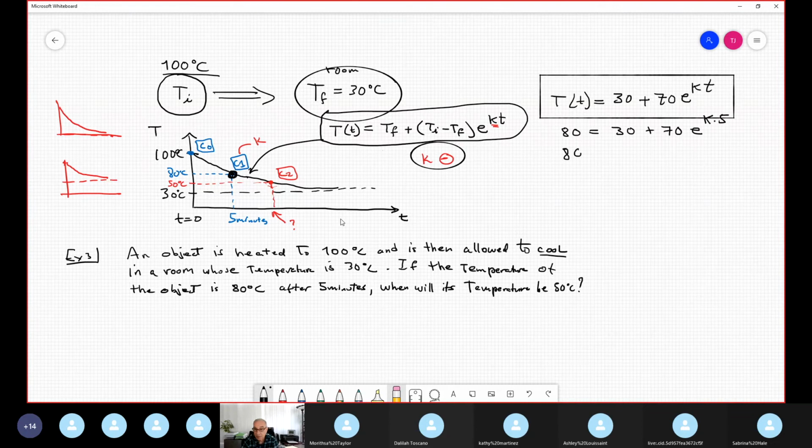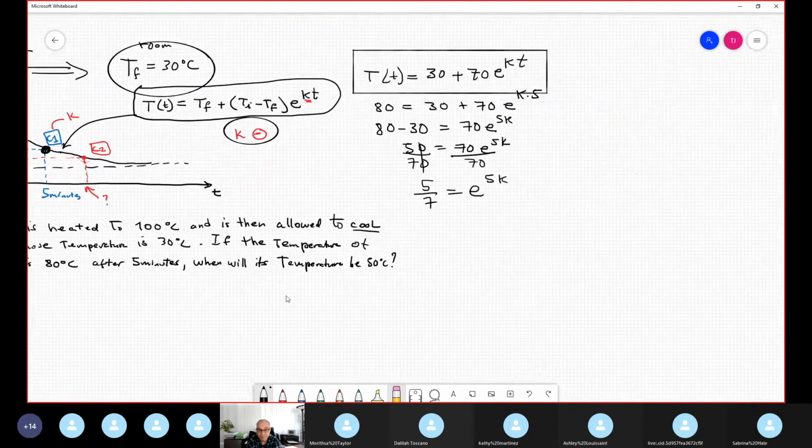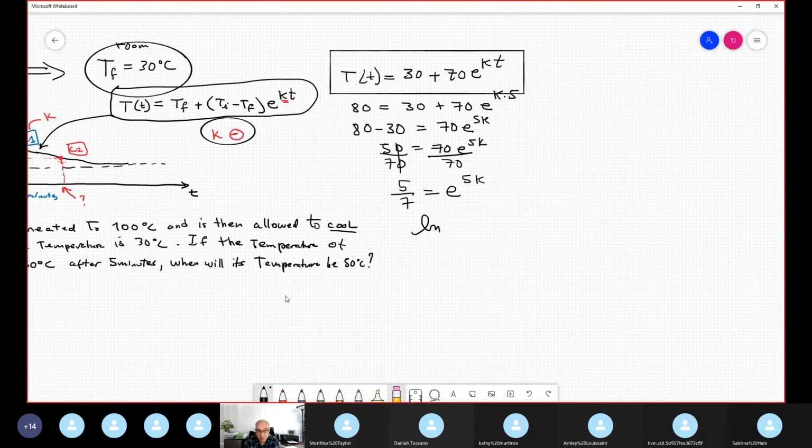So 80 minus 30, which is 50, is equal to 70 e to the 5K. Divided by 7 on both sides, cancel out one zero: 5 over 7 is equal to e to the 5K. Apply logarithm on both sides. We have natural logarithm of 5 over 7, which by the way is a number less than 1.